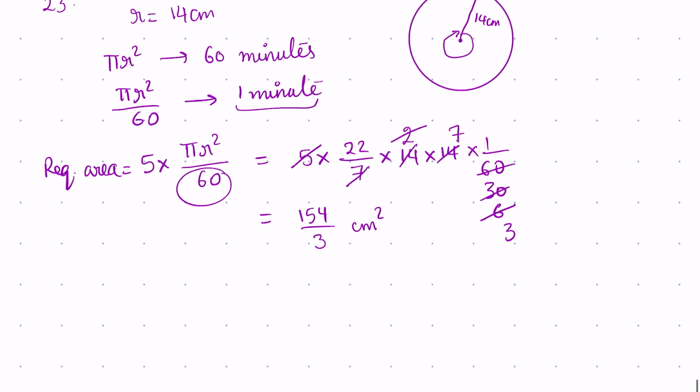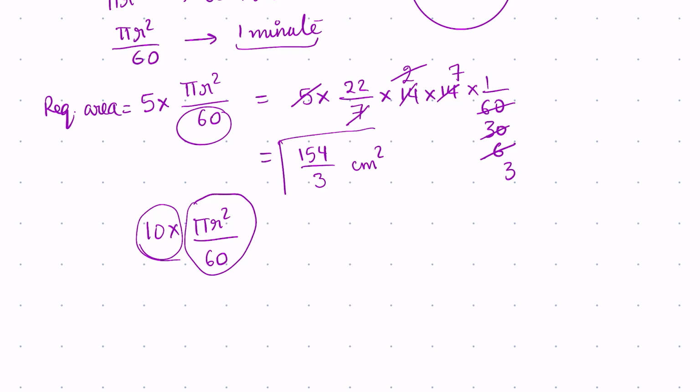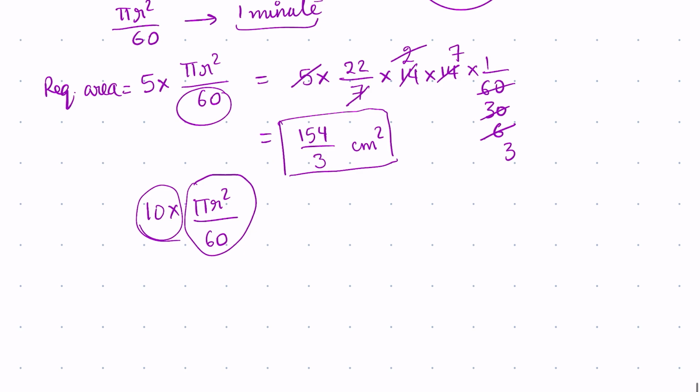Similarly, let's say in 10 minutes it would sweep 10 times the entire area divided by 60, because this is per minute. So in 10 minutes it will cover this area. Okay, so you can leave it like that. If you want to further divide it, you can divide it. It's probably close to something like 51 point something centimeters squared.